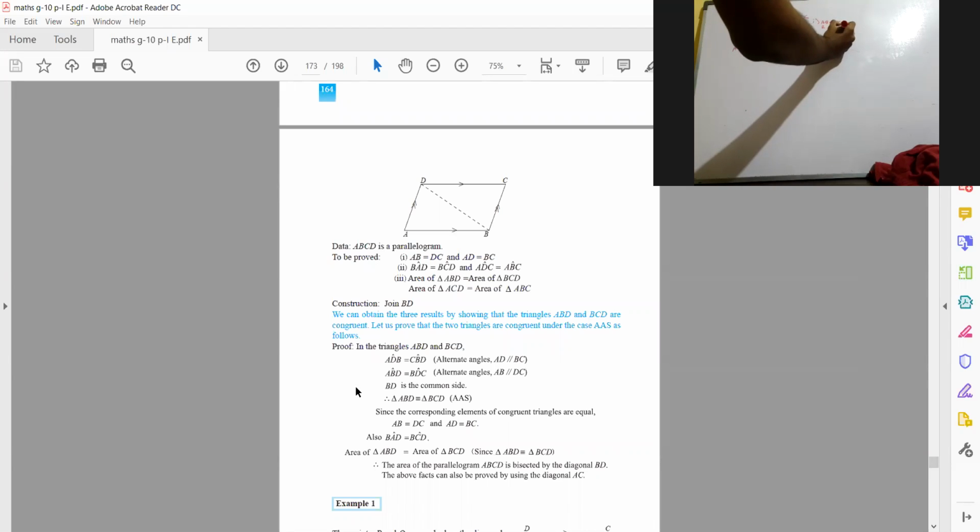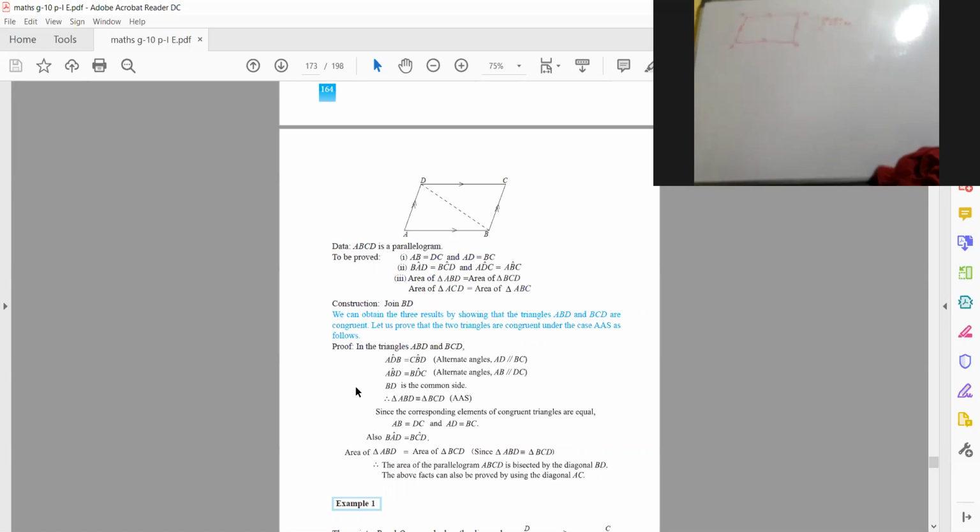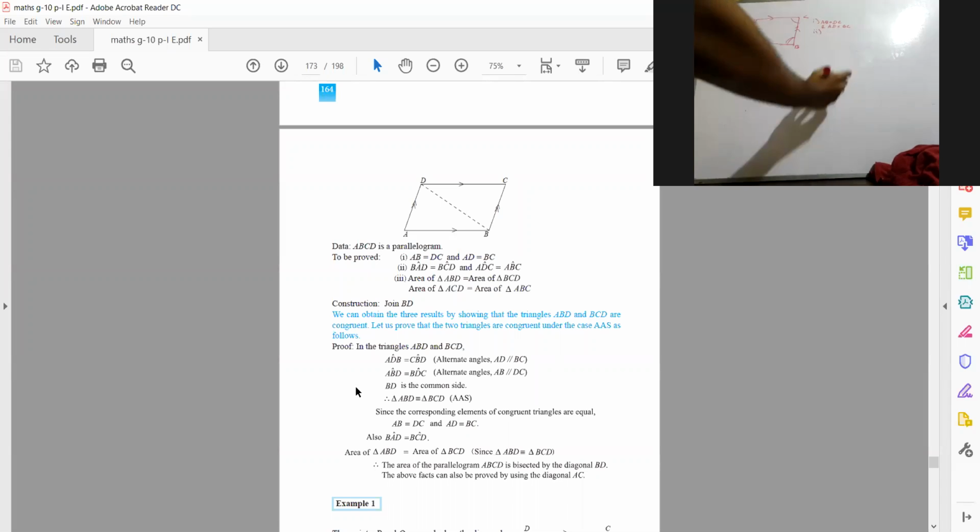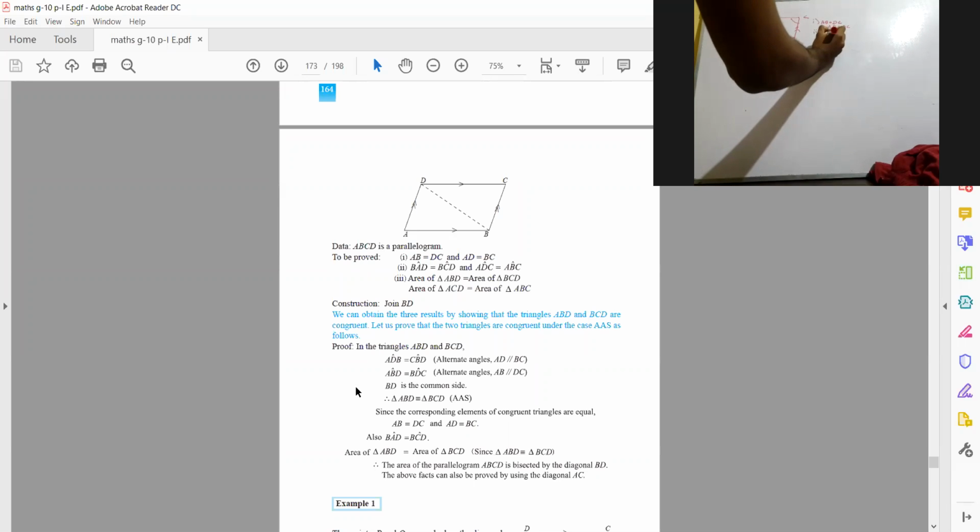AD equals BC. Then the second property is what? Opposite angles are equal to each other, right? That means these angles, and these two. That means BAD, you can see this in the textbook as well, I'm just writing.